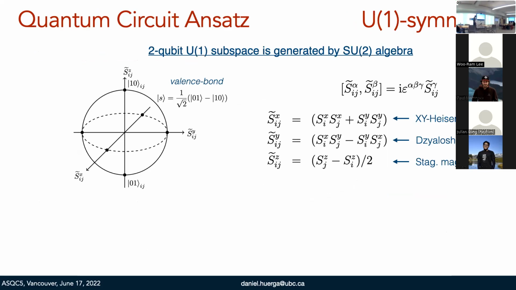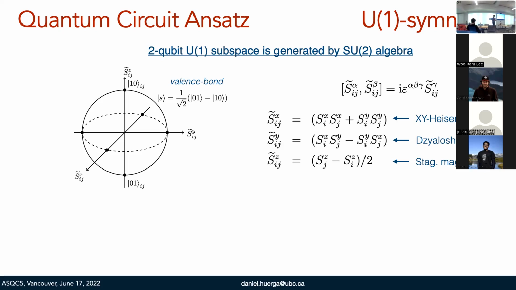So how do we construct this quantum circuit ansatz? There are many constructions. Typically, they break U(1) symmetry. Others are based on Trotterizations of the Hamiltonian that one wants to simulate.